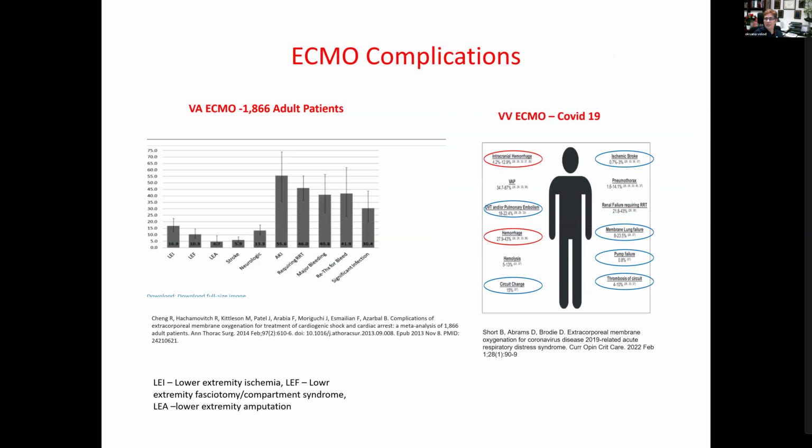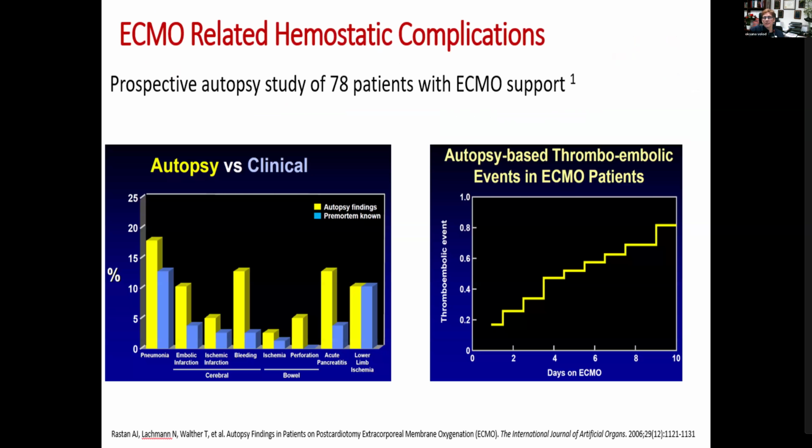I'm going to skip through this full slide, but I wanted to show you that autopsy versus clinical findings may be very discordant, because on autopsy, in up to 75% of patients, we can see thrombotic events that were not recognized during the clinical presentation.